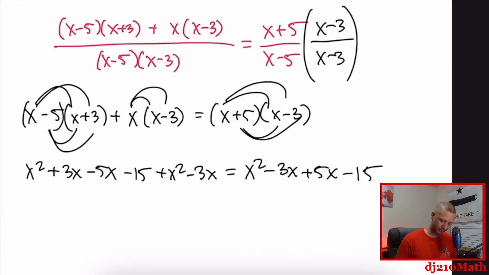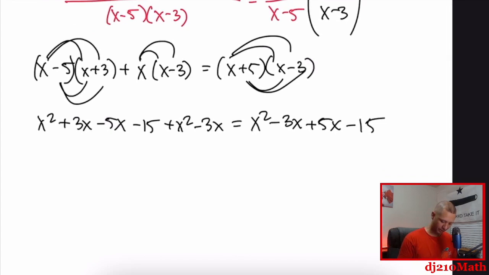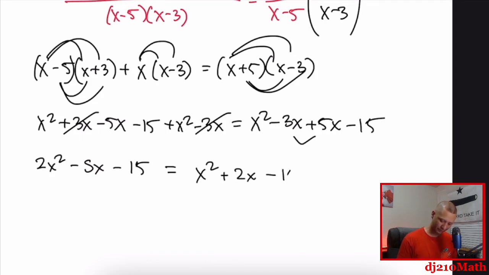All right, combining terms on the left. So x squared and x squared, 2x squared. 3x and 3x is going to cancel. So minus 5x minus 15 equals, right-hand side, x squared, these two combined, plus 2x minus 15.